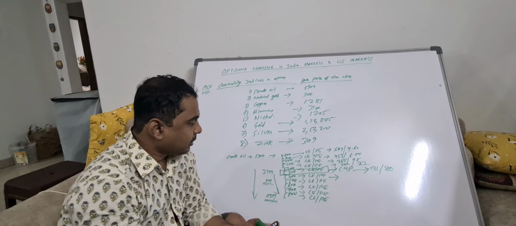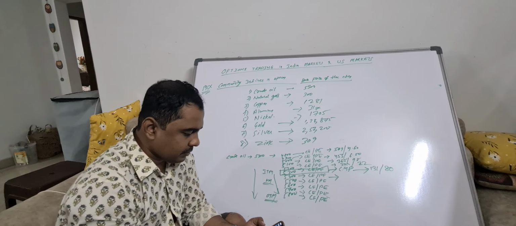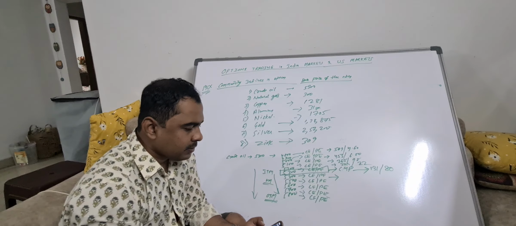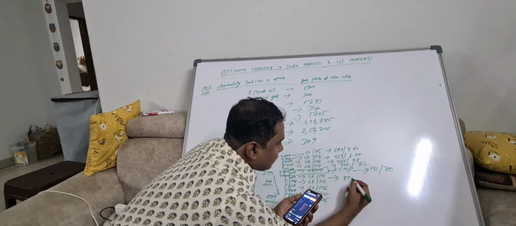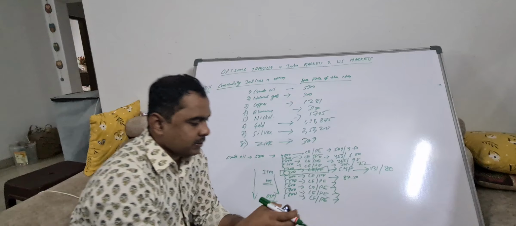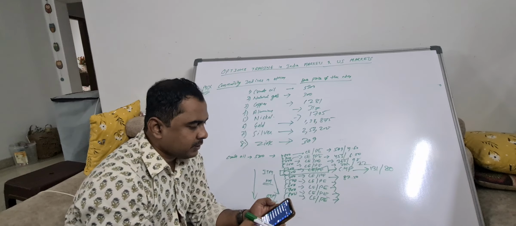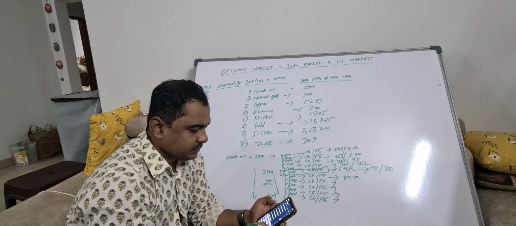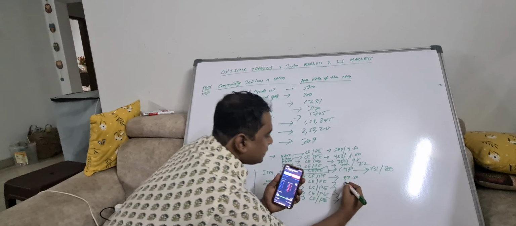Okay. Now coming to 5,400. 5,400 is 87 rupees 50 paisa. 5,500 is 57 rupees.